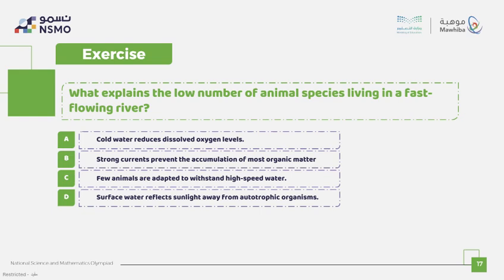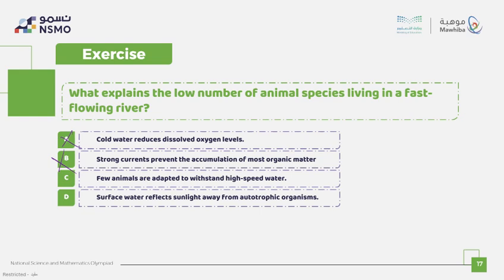That one is incorrect. Why is it incorrect? Because cold water actually holds more oxygen, not less. And B. Strong currents prevent the accumulation of most organic matter. Also that one is not true.